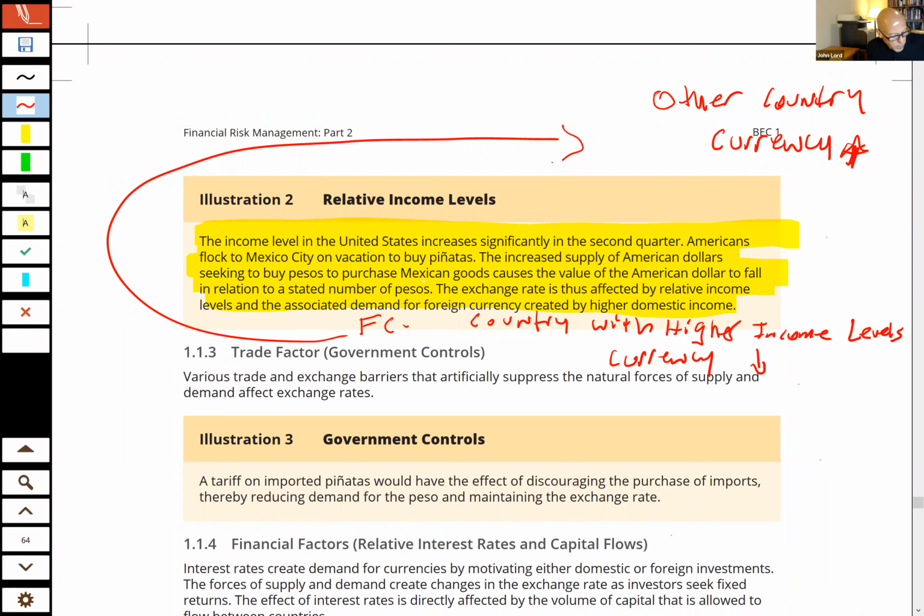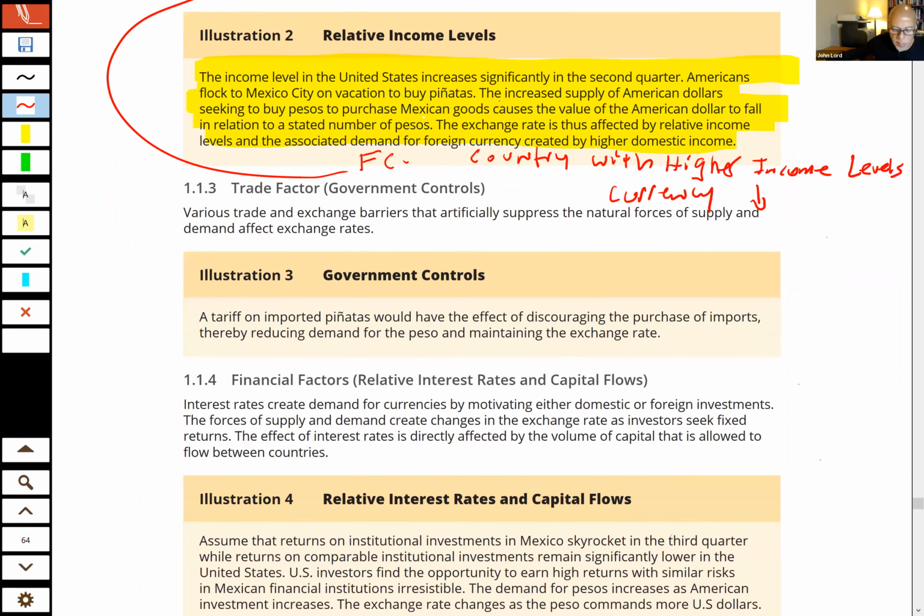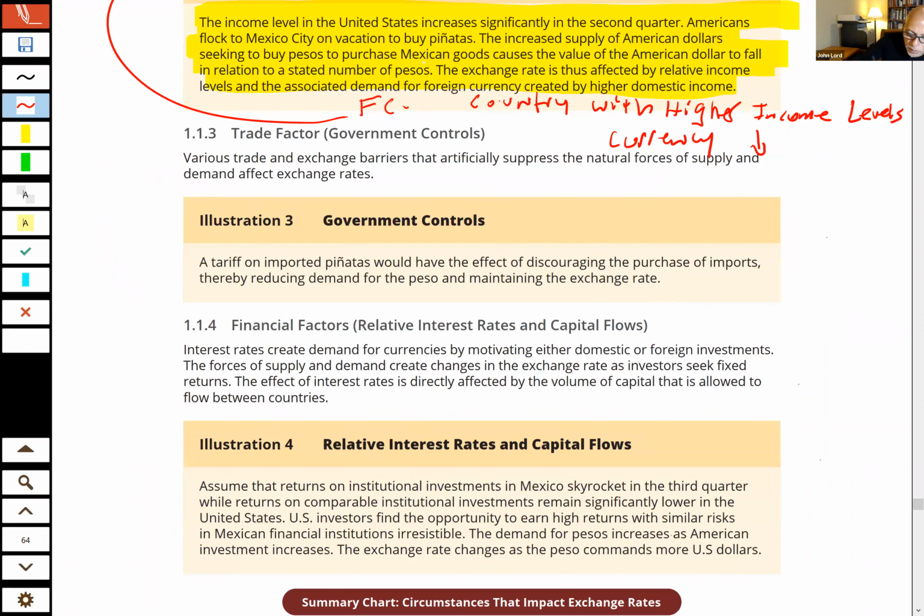Okay, good. Let's take a look at government controls. When we talk about government controls, the classic example is a tariff. Again, a tariff on imported piñatas would affect various trade and exchange barriers that artificially suppress the natural forces of supply and demand, affecting exchange rates.